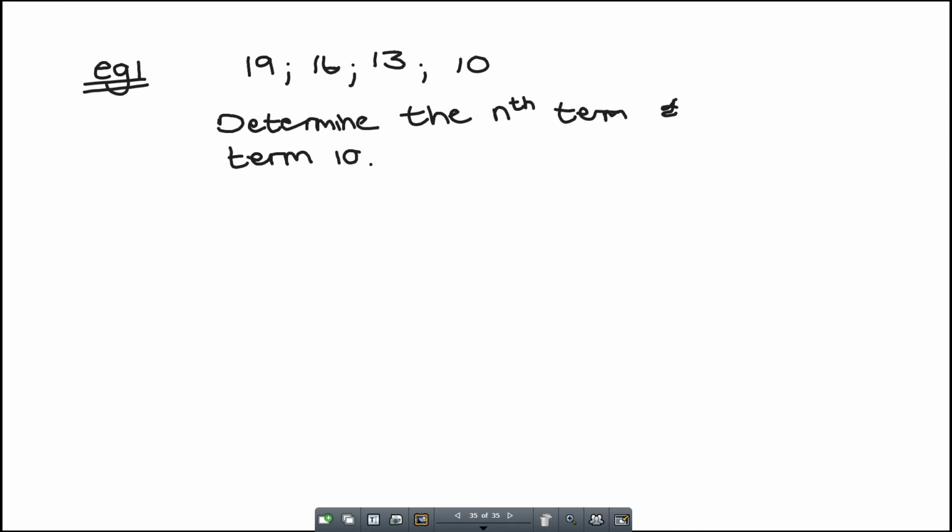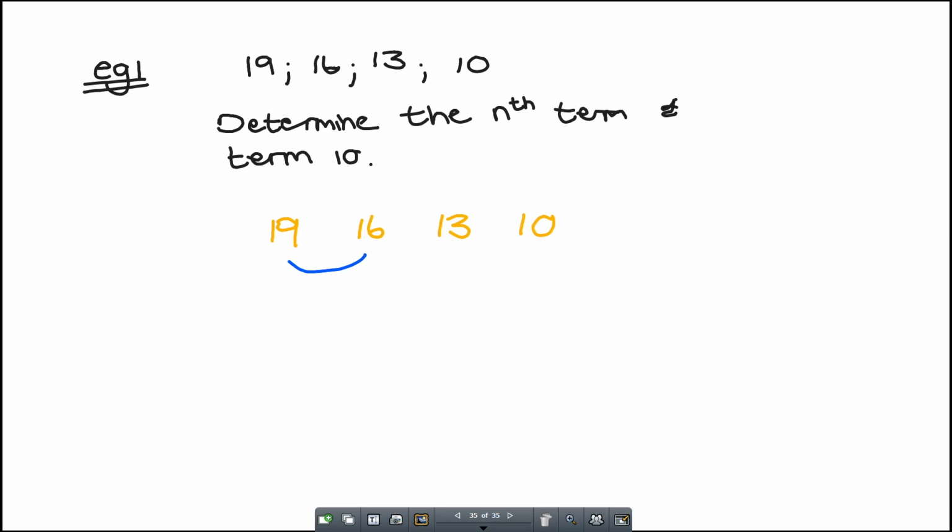Okay, so determine the nth term and term 10. So, what do you guys see? If you look at the 19, 16, 13, 10, what did we do?